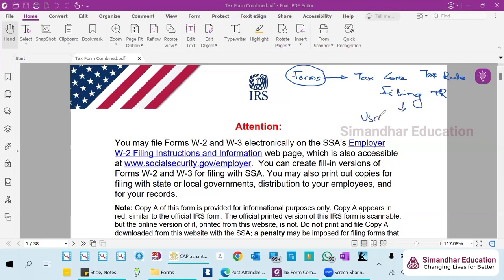Using tax forms. So for 1040, there are several tax forms that we use. So when we know the tax form or when we know what we are about to fill in, our understanding of subject would be far better than without knowing what these forms are. Okay, that's about what we are covering today.